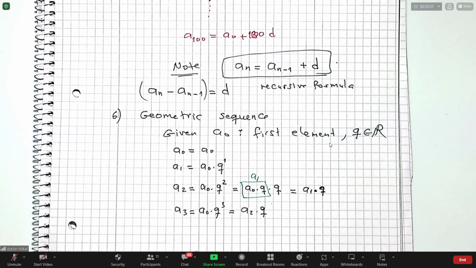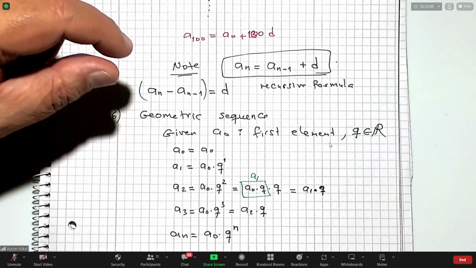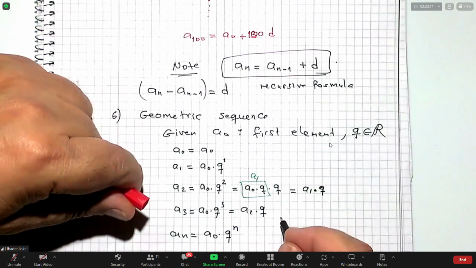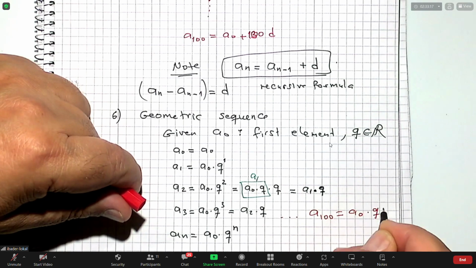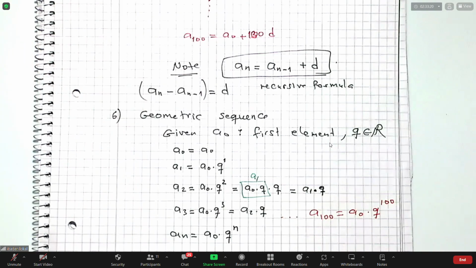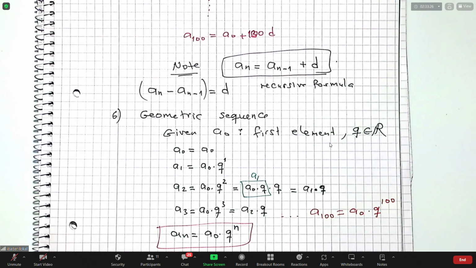In general, we have an equals a0 times Q to the power n. For instance, the element 100, if you continue, a100 will be a0 times Q to the power 100. Okay, so this formula is the so-called explicit formula. Now, as I mentioned before, the recursive formula is just dividing two successive terms.